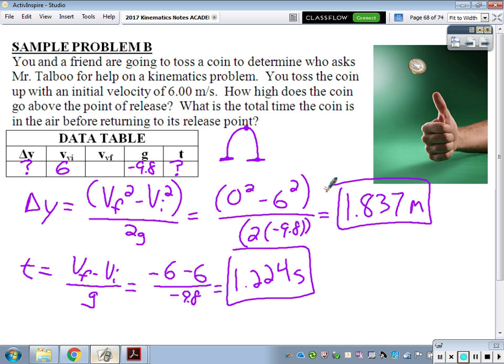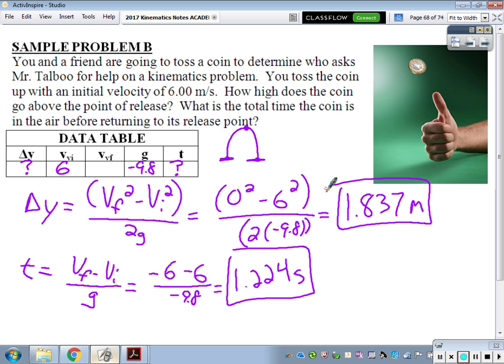Since hopefully you have entered everything in one long string, as we should, I would like for you to do the following. Enter into your calculators 0 minus 6, all divided by negative 9.8. 0 minus 6, all in parentheses, divided by negative 9.8. Enter.